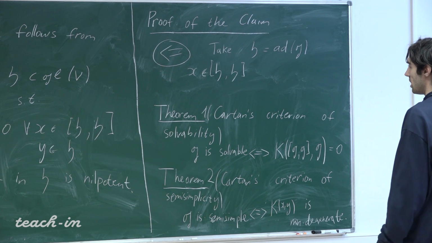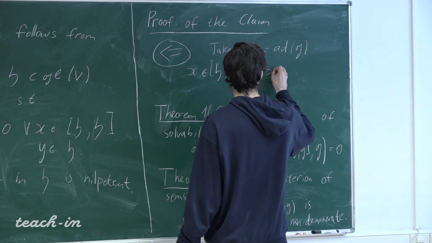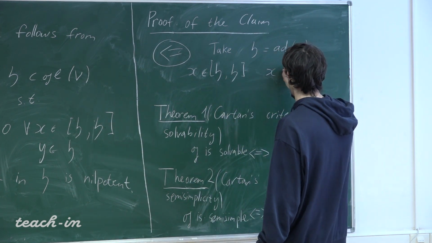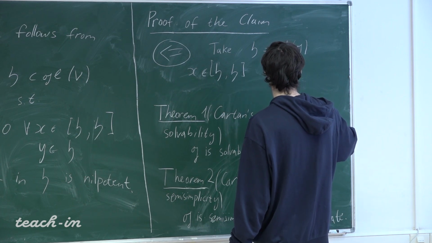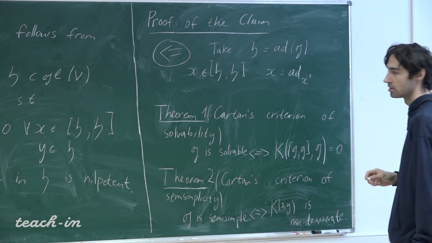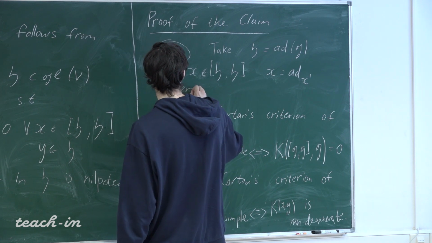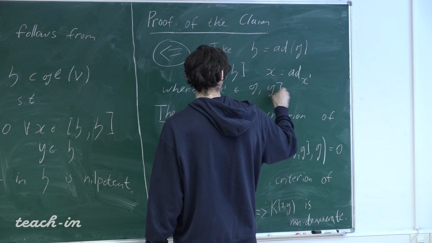Then x is ad of some x prime, where x prime is in G, is in the commutant.